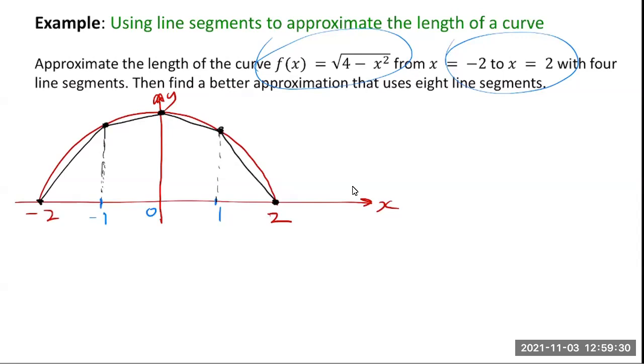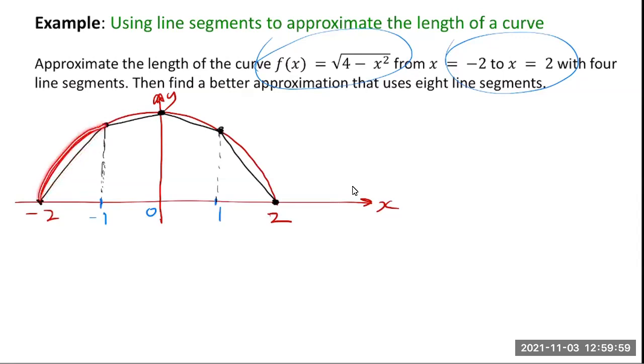If you join those points like that, my claim is that the sum of lengths of these 4 line segments would be an approximation for the actual length of this arc. Would you agree with that? Geometrically, it's very clear, right? This line segment is an approximation for this arc length.